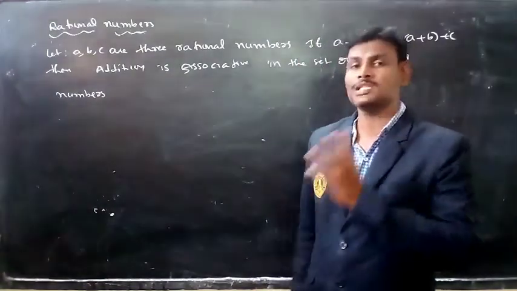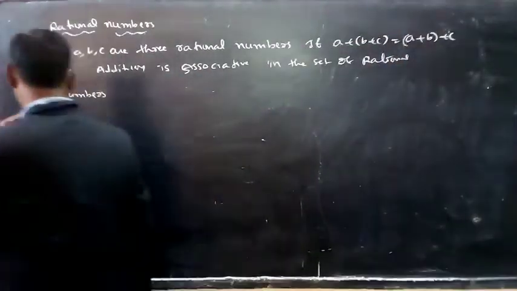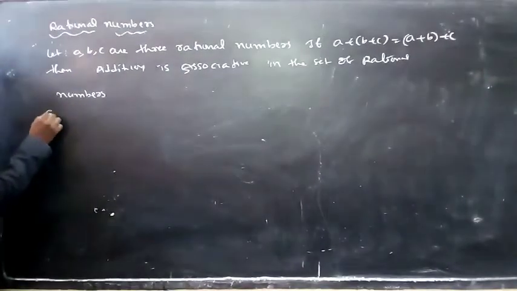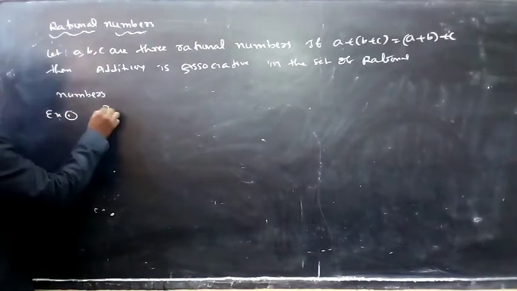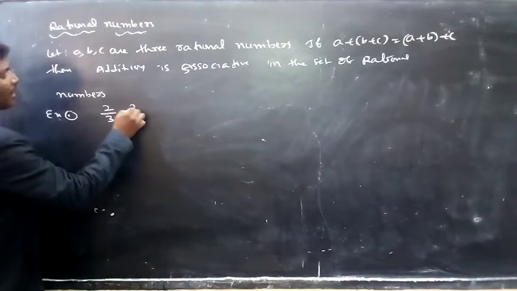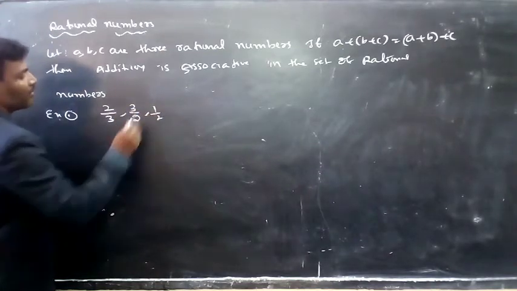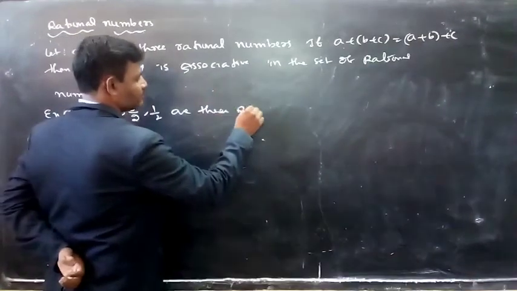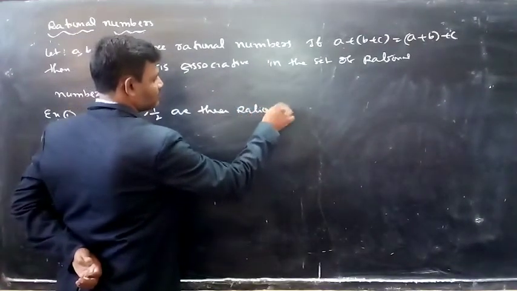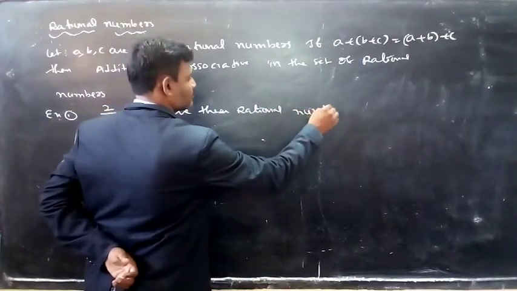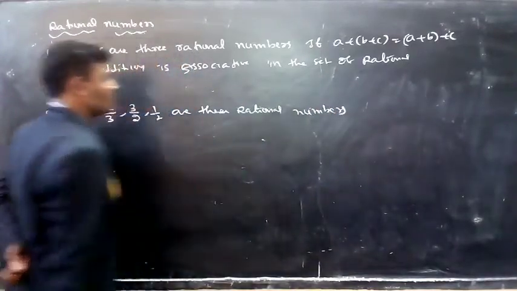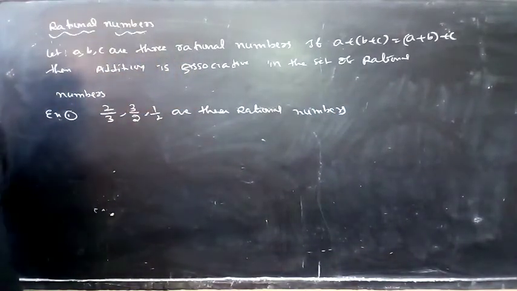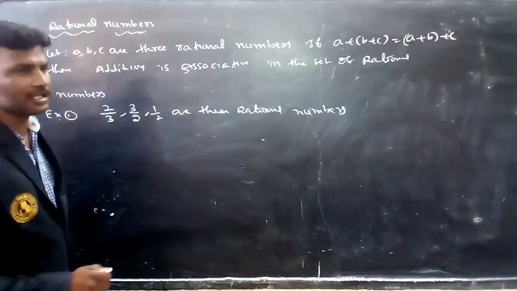Now I am going to take some examples. Example 1. So 2/3, 3/2, 1/2 are three rational numbers.